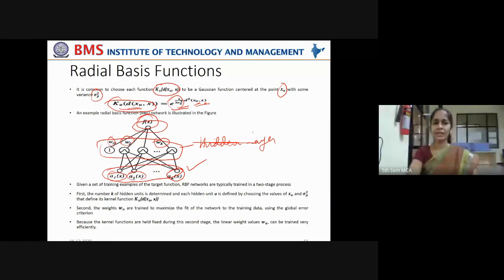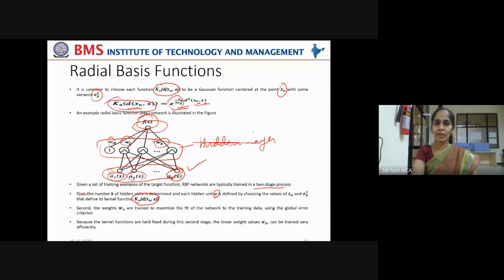Now, given a set of training examples, RBF networks are typically trained in a two-stage process. Now, what is the two-stage process? First, the number k of hidden units is determined, and each hidden unit u is defined by choosing the values of x_u and sigma_u square that define its kernel function K_u(d(x_u, x)).